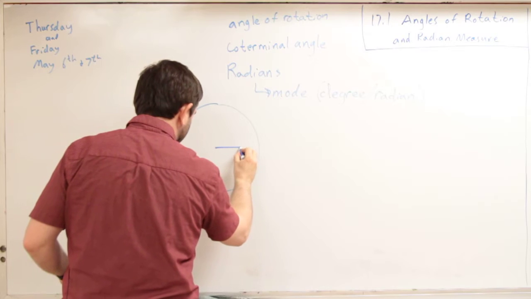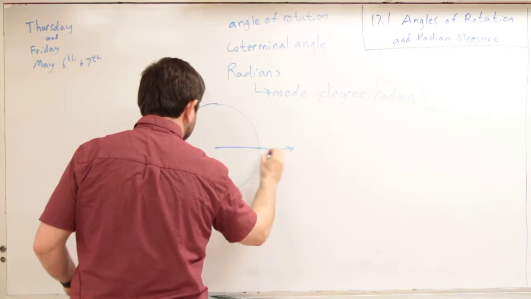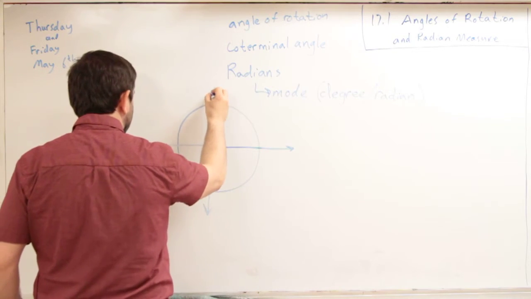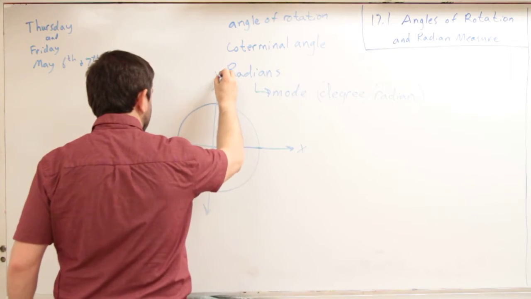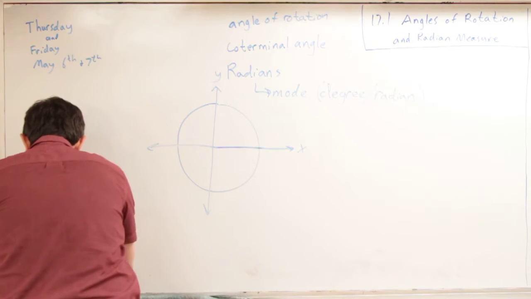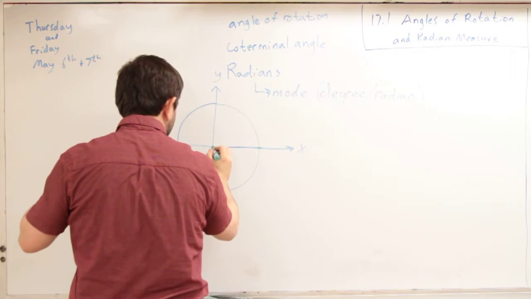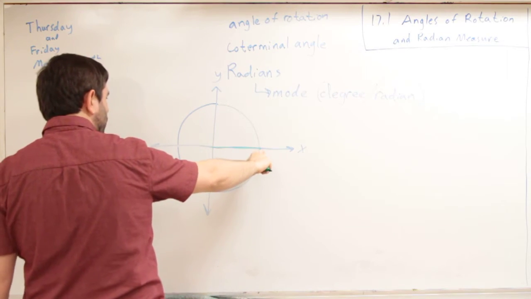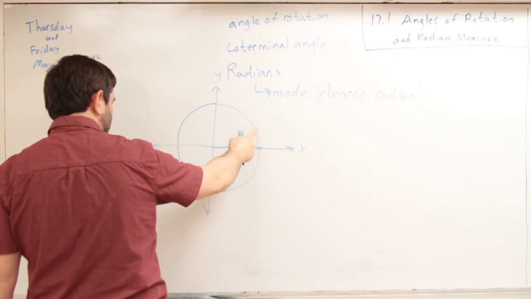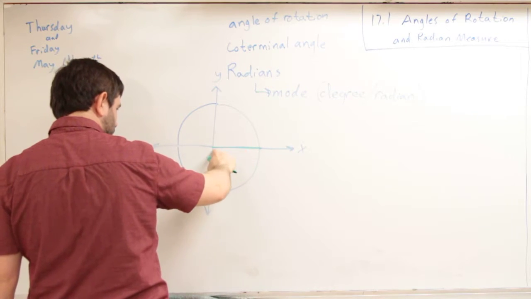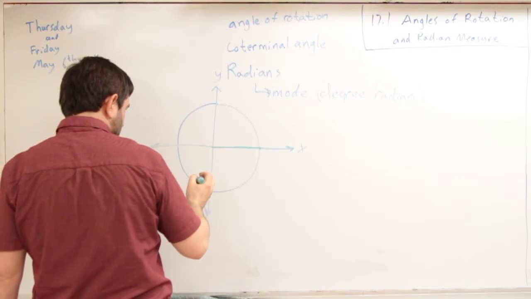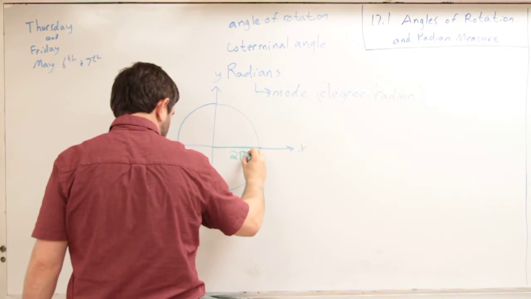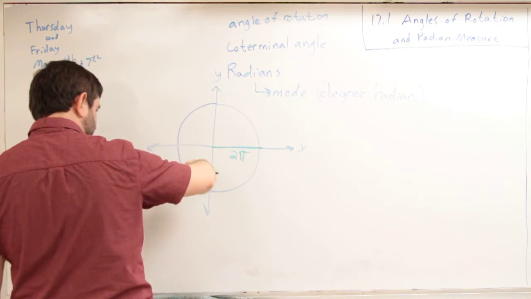If we always start here on our x-axis, and we begin here, if 2 pi radians fits in the whole circle, that would be a coterminal angle with the angle 0. 2 pi radians, so that's 1 full circle.